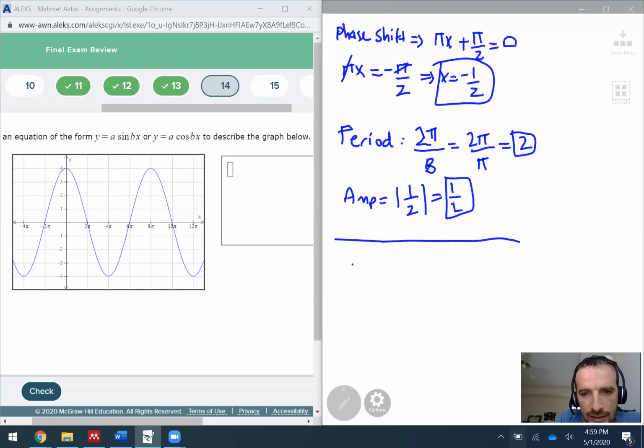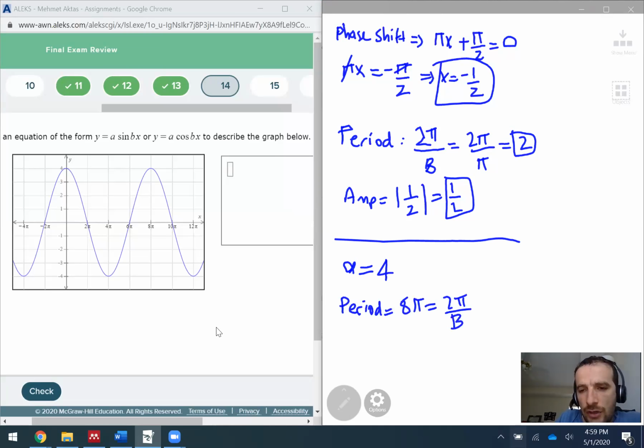That's why small a should be 4. And what is the period here? So if you look at the period from negative 2 pi to 6 pi, so period is 8 pi, right? So period is 8 pi. So 8 pi is equal to 2 pi over b.